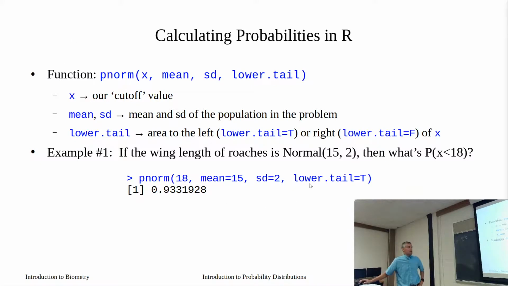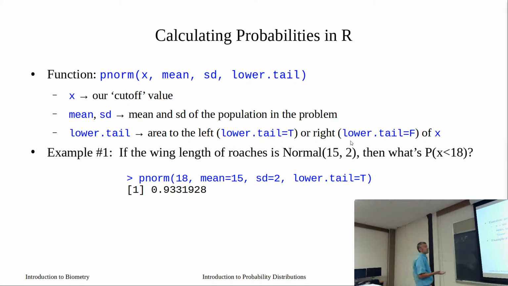So I abbreviate. If we want the area to the left, we use lower dot tail equals T. So we are looking for the lower part of the tail, the area to the left of our x. If we're looking to the right of it, then we do lower dot tail equals F, because it's false. We don't want the lower tail, we want the upper.